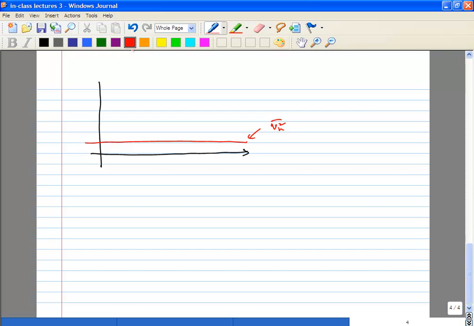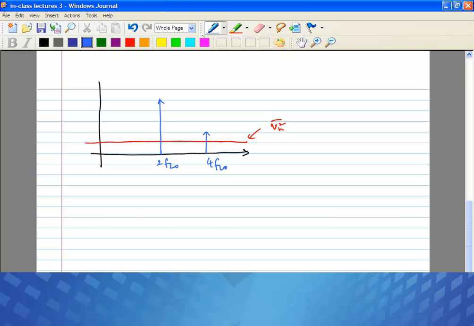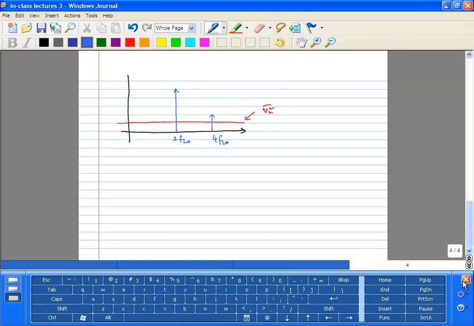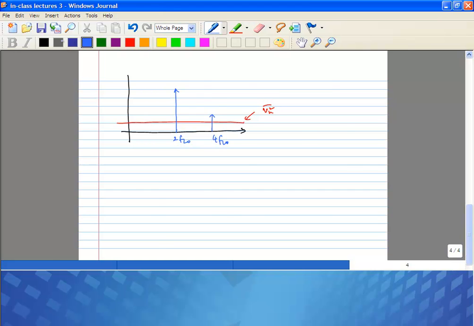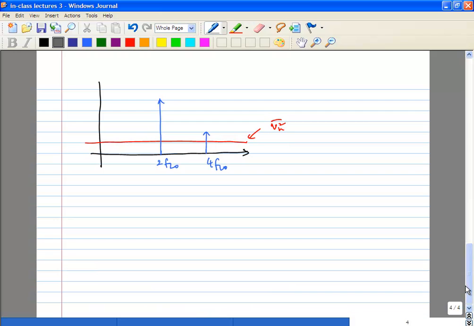Let me also draw it: we know that noise goes from 2FLO and 4FLO and so on, right? That's the rate of the switching. So you have FIF here.